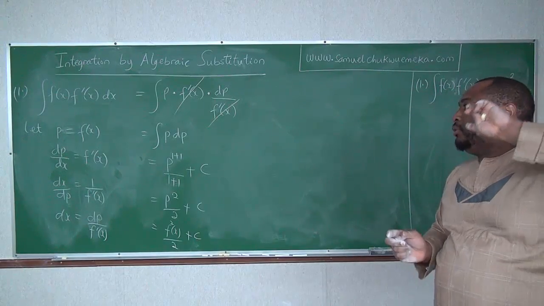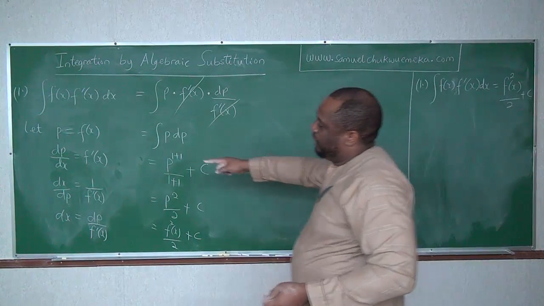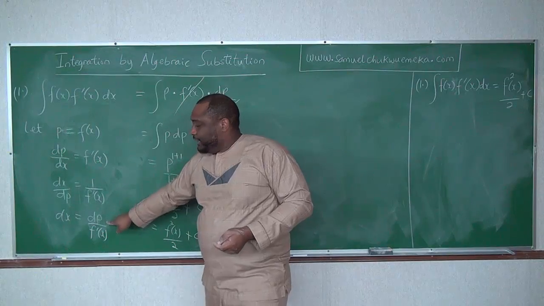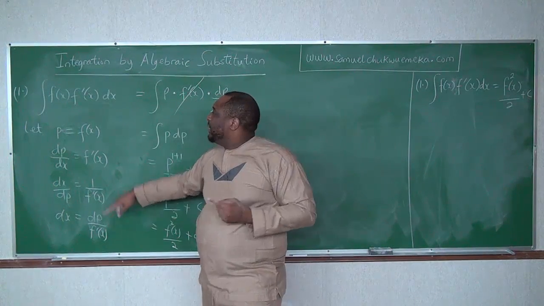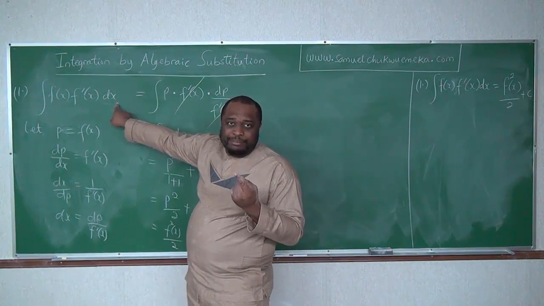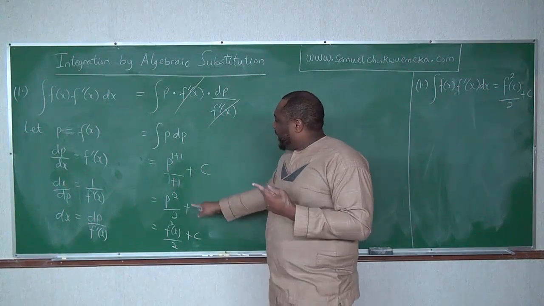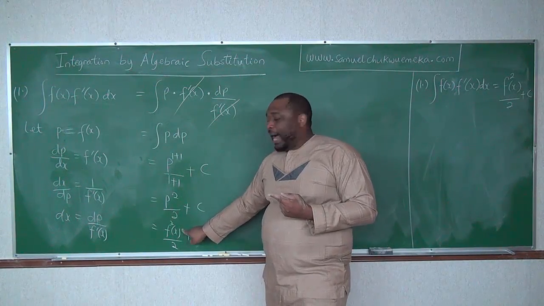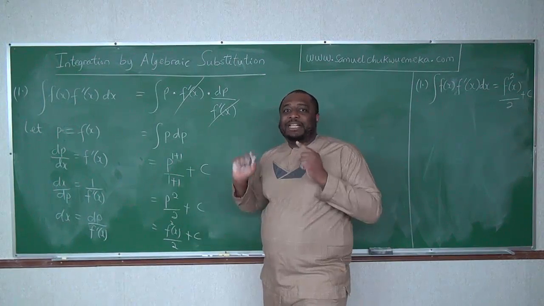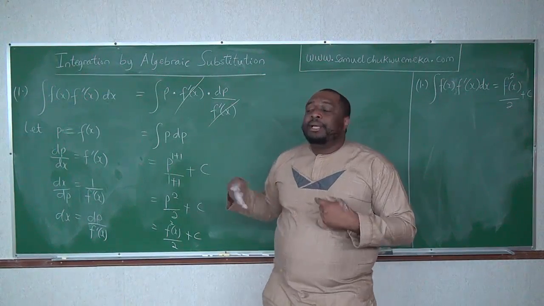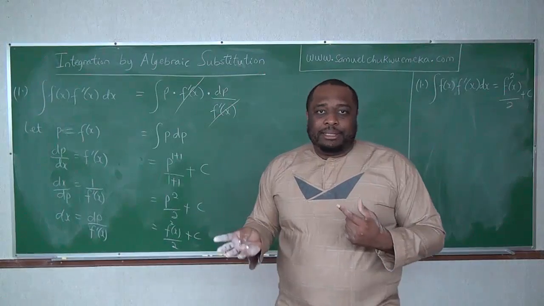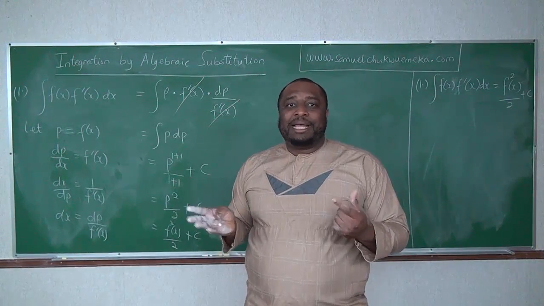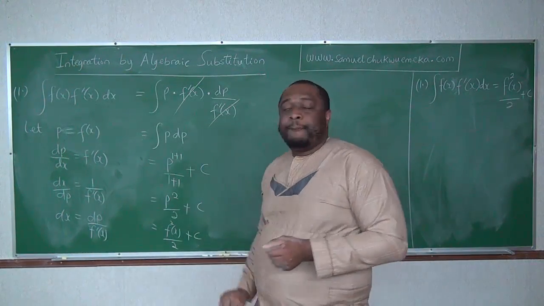So you do a substitution here, then you find the value of dx, then you substitute it in the main problem, then after that, you substitute back. You've got to substitute back. You were given a problem in x. Your answer should be in x, not p.